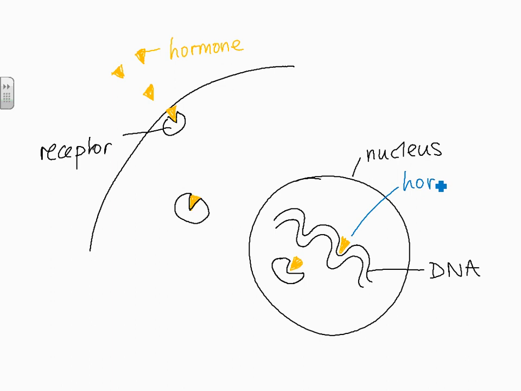So hormone, what it's doing here is that it acts as a gene regulator. So it switches genetic activity on and off. Well, on, basically.